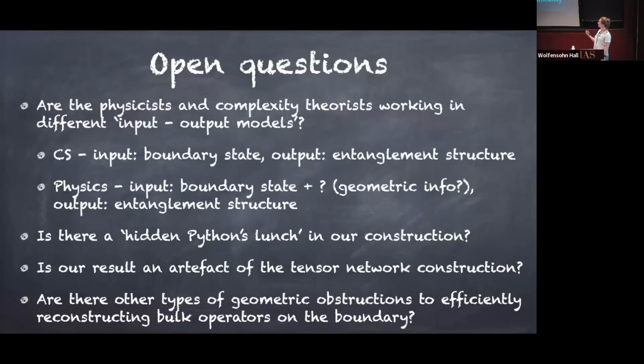I think if this is the reason, it's still a really interesting research question, because I don't think this just means we're talking about different things and there's no conflict. It means we're talking about different things, and that might explain why our result is different to the result of Engelhardt et al. But I still think there's an interesting open question about how bulk geometry emerges from the boundary theory.